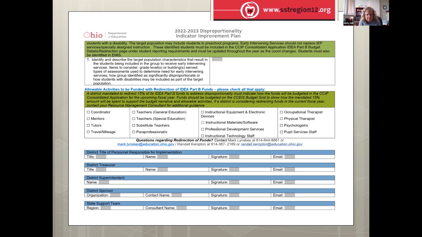And before I leave this plan, if you're concerned about the redirection of funds, we do have some fiscal guidance documents that many of you have probably already seen that outline what can be used and what is not allowed to be used, in a department-created reference document.